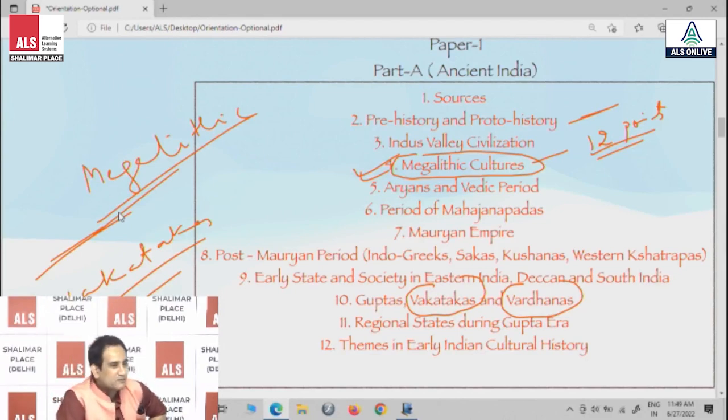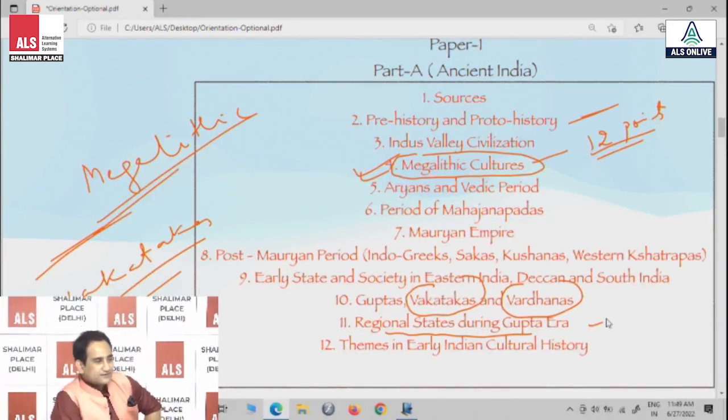I hope you are getting my point. They are asking questions not only on popular areas like the Mauryas and Guptas, they are also asking questions on less known areas like the Vakatakas and Vardhanas. Then they have mentioned many things in the regional states during the Gupta era, like the Kadambas. Are you getting my point?